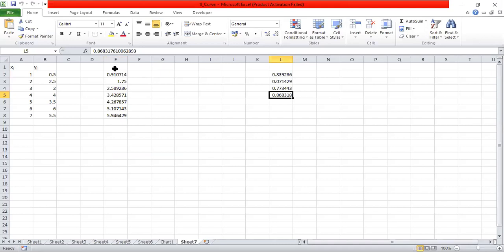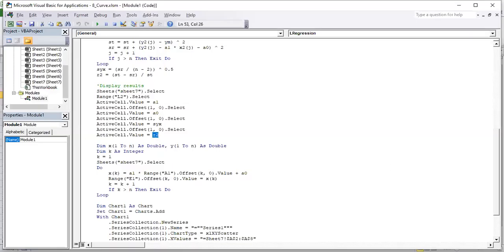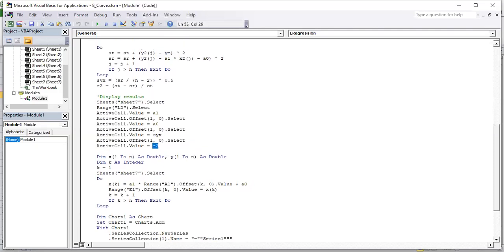Then for all of these, it is at column E. So if I go back to the Visual Basic program, I'm saying that at the E column, it should write out the line of best fit. So this is the equation that calculates the line of best fit. Then you should put it in the E column.